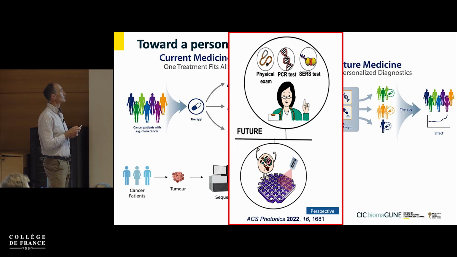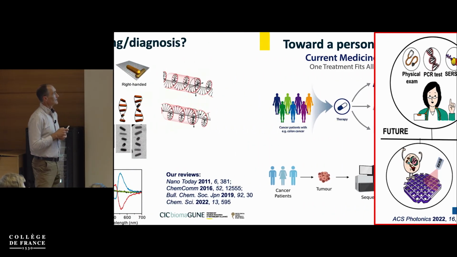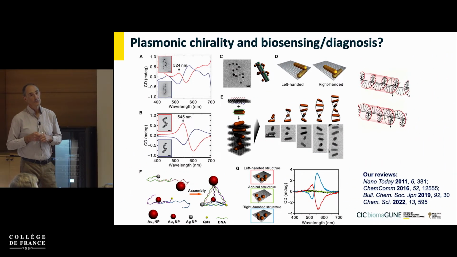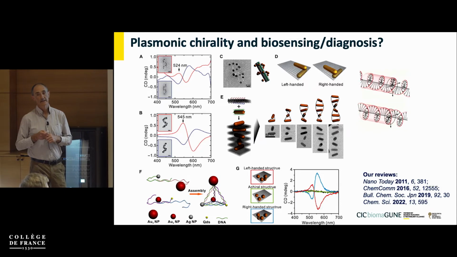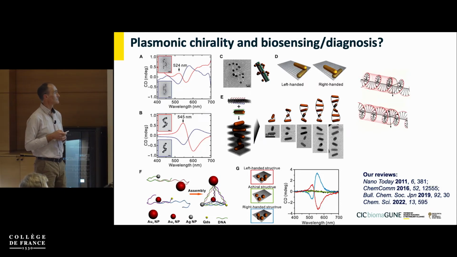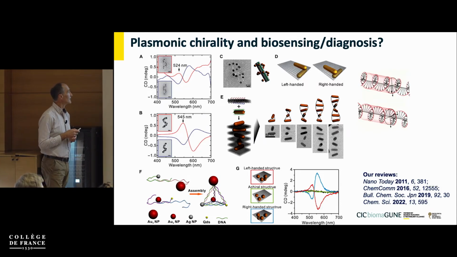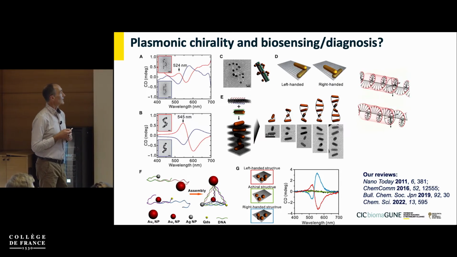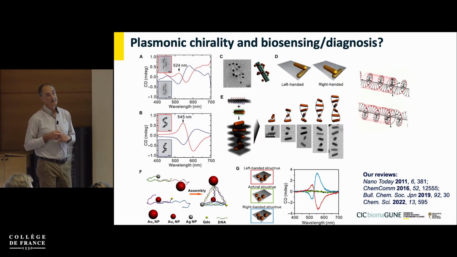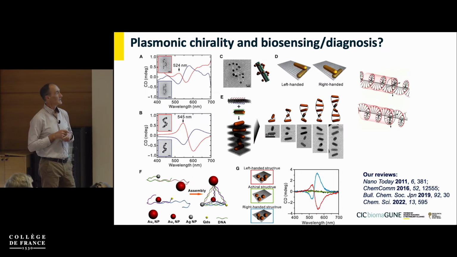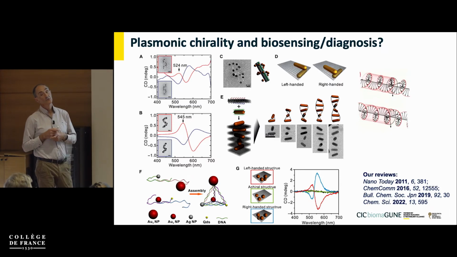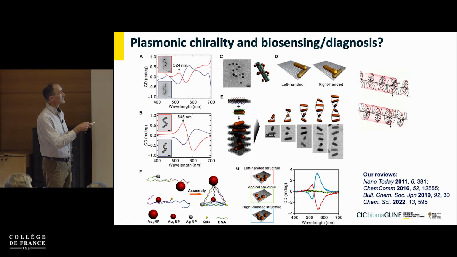Okay, so now I go to the last part, which is again related to plasmonic chirality that I also introduced in previous lectures. Rather than using single particles with chiral structure, this project is related to organizing particles that are non-chiral individually into structures that are chiral.